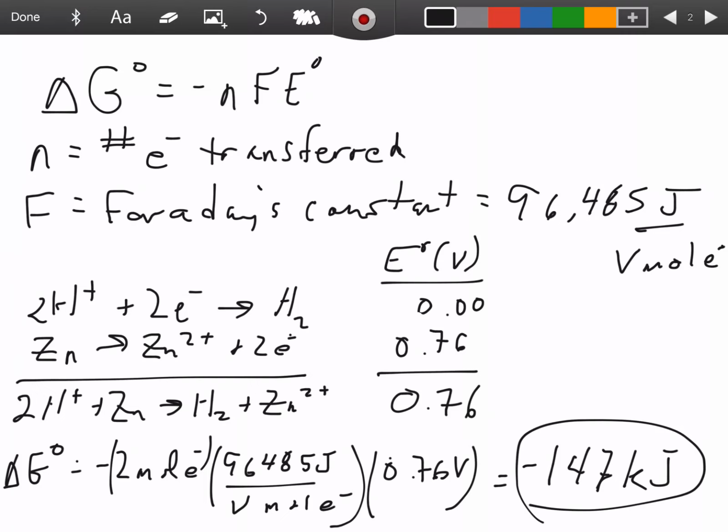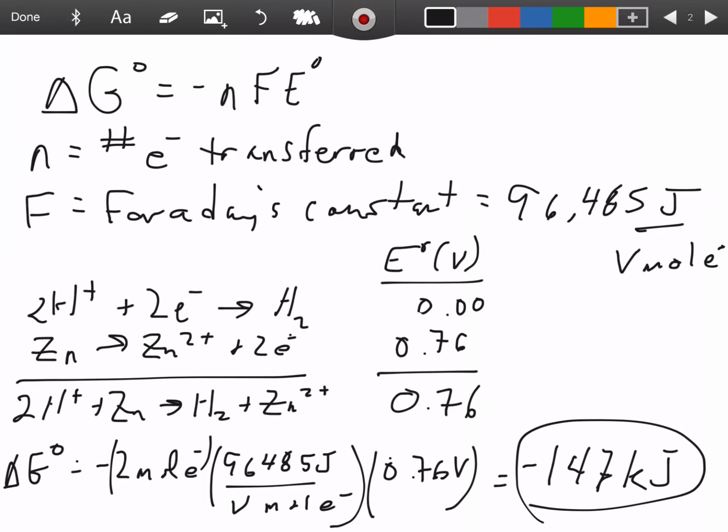By the way, I've calculated a delta G here based on the potential, but I could have also calculated it based on values from Appendix G. And if I look up all of those values in this reaction, the H plus, by the way, is 0. Solid zinc with no charge on it is also 0 kilojoules per mole.